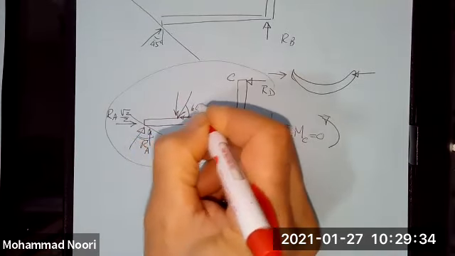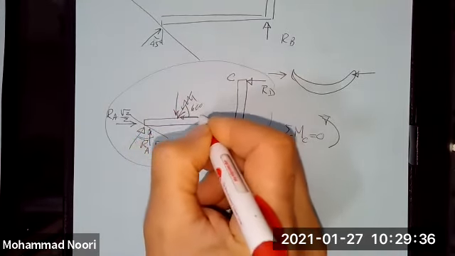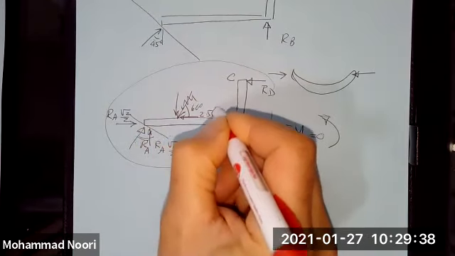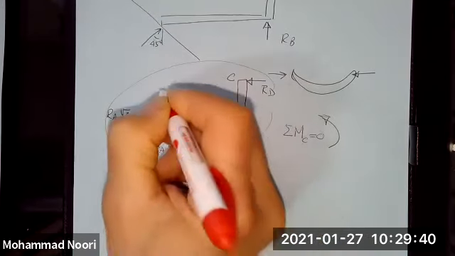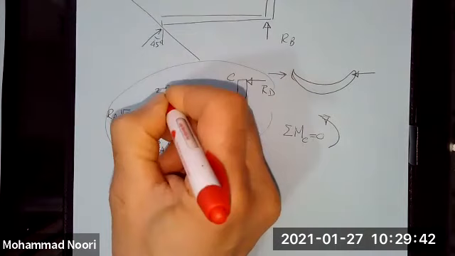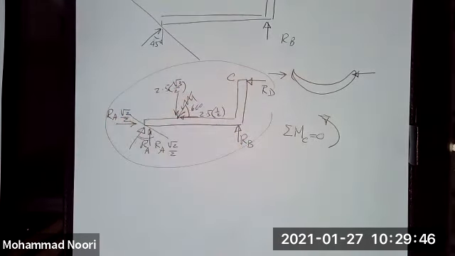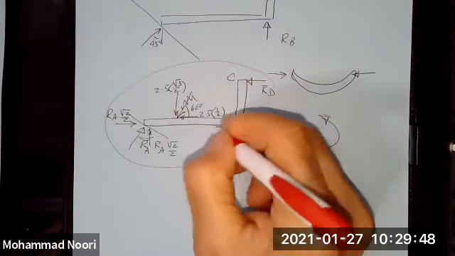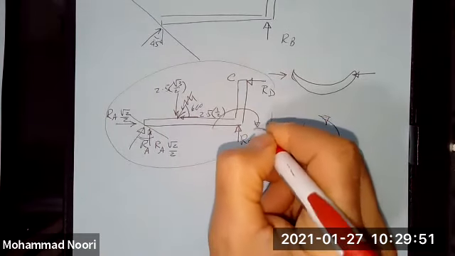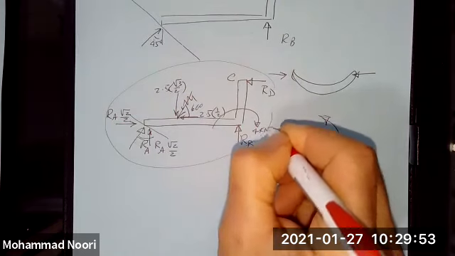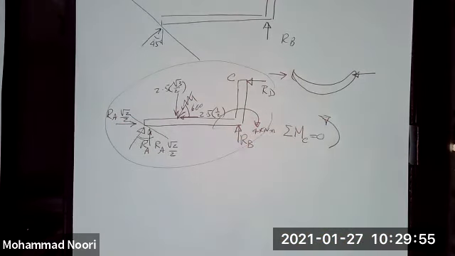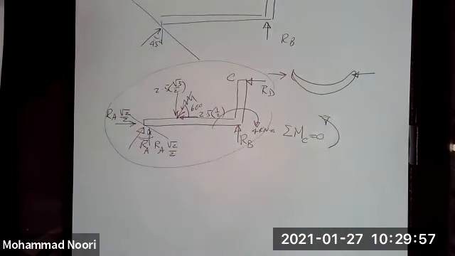This was 60 degrees. So this would be 2.5 times 1/2 cosine of 60. This would be 2.5 times square root 3 over 2 sine of 60. And then I had this applied moment, which was 4 kilonewton meter.